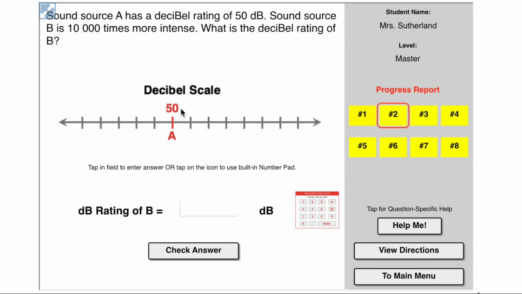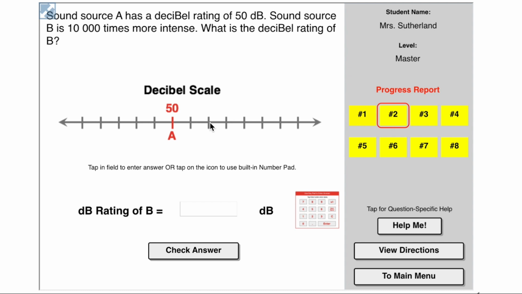Sound source A has a decibel rating of 50 decibels. Sound source B is 10,000 times more intense. Well, for every power of 10 that it increases in intensity, we go up 10 decibels. So here we're going to count the zeros: 1, 2, 3, 4 on this scale of 10.